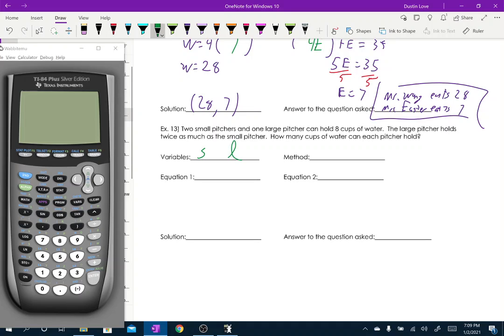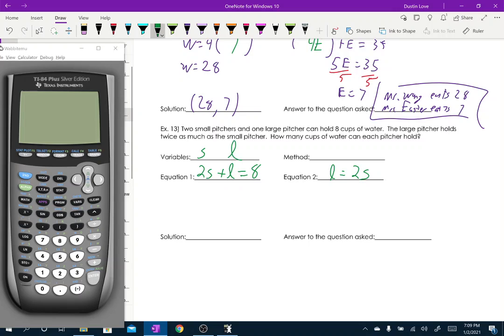I'm going to use the L because I don't want my L to look like a 1 on accident. Okay, 2 small pitchers, so 2S, and 1 large pitcher can hold 8, so 2S plus L. The large pitcher holds twice as much as the small pitcher. So L is equal to 2S.